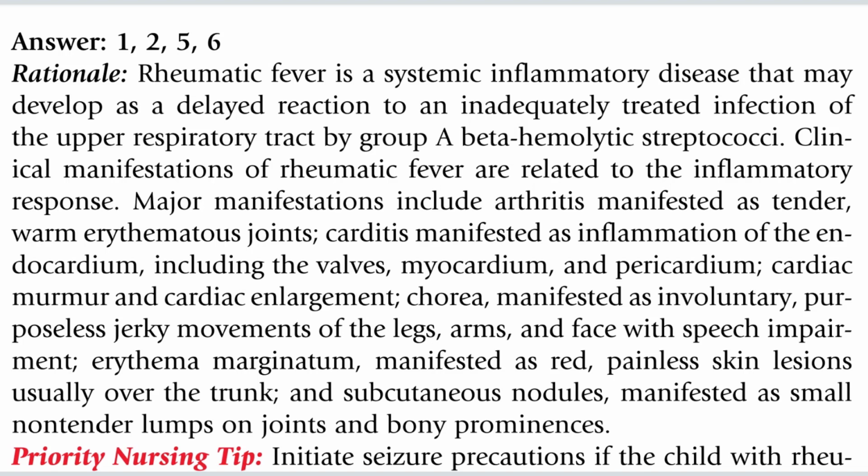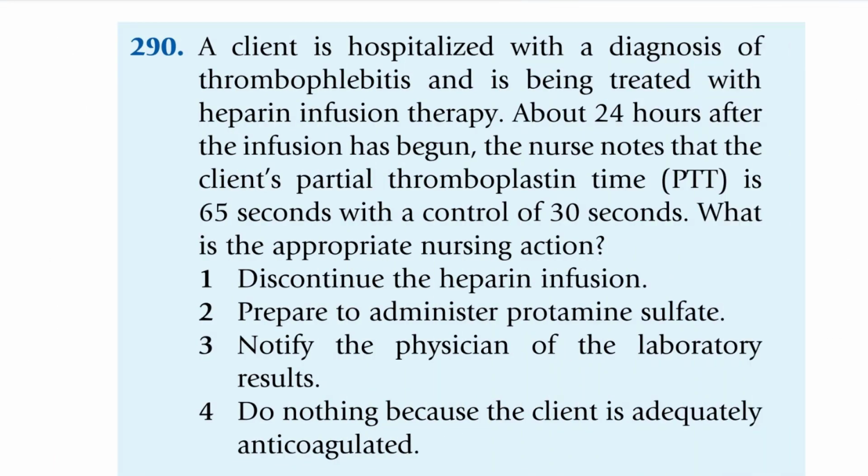Major manifestations include arthritis, manifested as tender, warm erythematous joints; carditis, manifested as inflammation of the endocardium, including the valves, myocardium, and pericardium, with cardiac murmur and cardiac enlargement; chorea, manifested as involuntary, purposeless jerky movements of the legs, arms, and face with speech impairment; erythema marginatum, manifested as red, painless skin lesions usually over the trunk; and subcutaneous nodules, manifested as small non-tender lumps on joints and bony prominences.